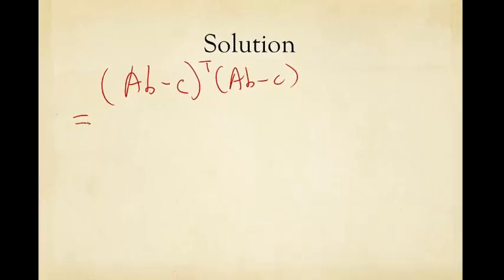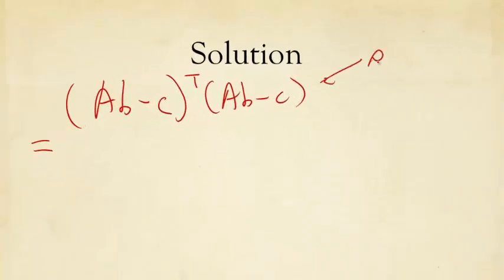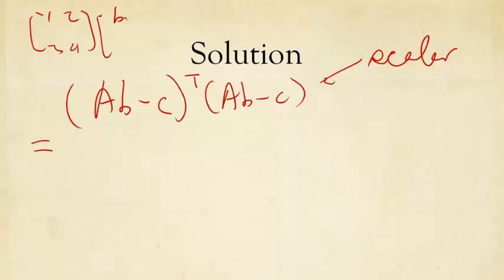You can write this out in scalar format if you're not comfortable with the matrix notation. You can write out a little 2 by 2 matrix A, 1, 2, 3, 4, and a little vector B1, B2 minus a little vector C1, C2. And then you can see that the derivation coming up is no mystery. But to save time, let's use the shorthand matrix notation.